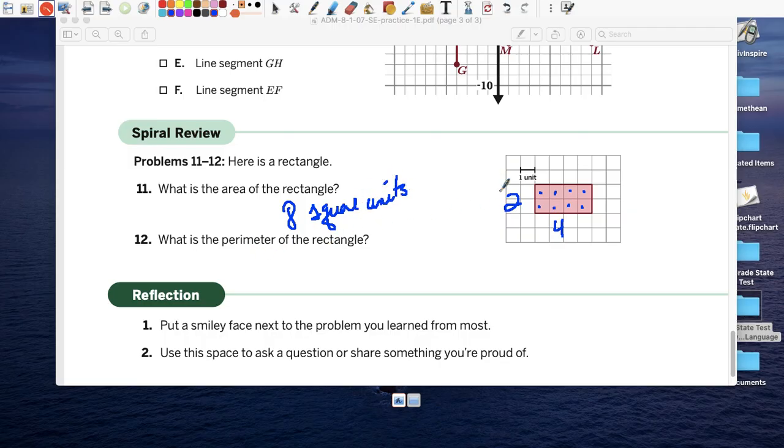What's the perimeter? Perimeter is the distance around this figure, so it's 2 units this way, 4 units this way, 2 units up, and another 4, so that gives us 12 units. Reflection is up to you to do, but that is your practice.